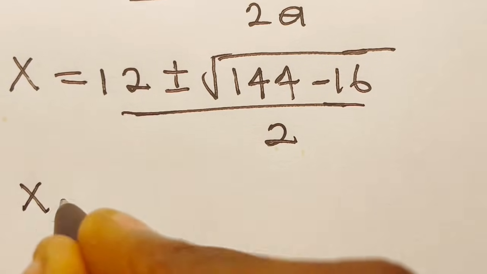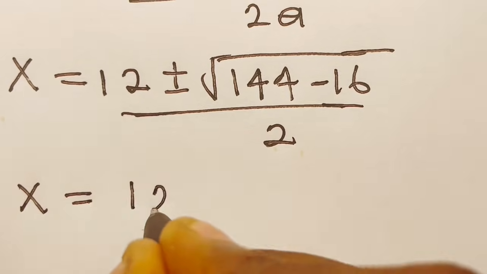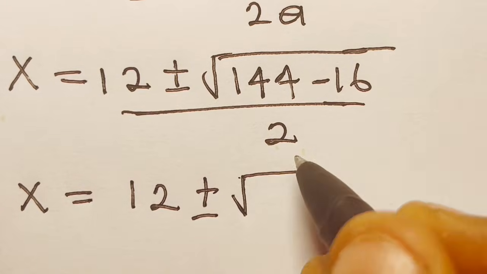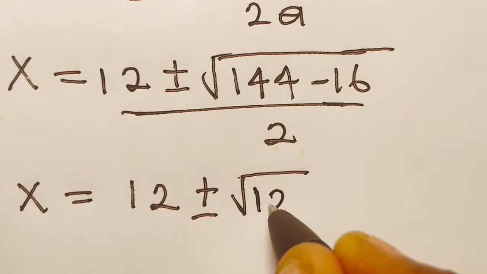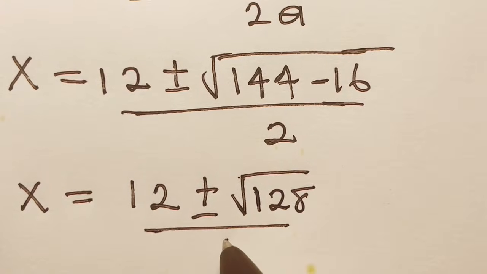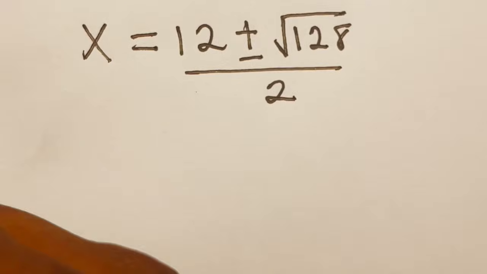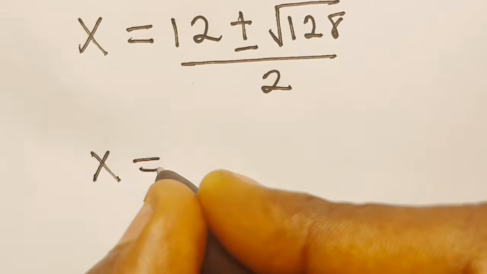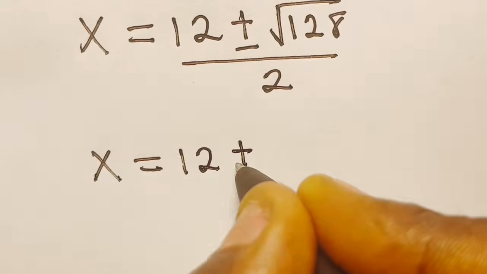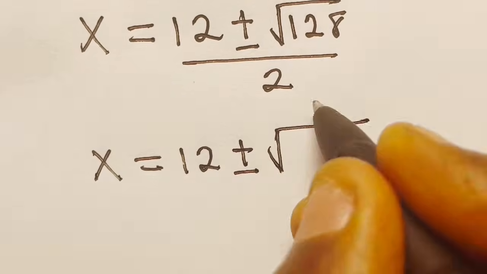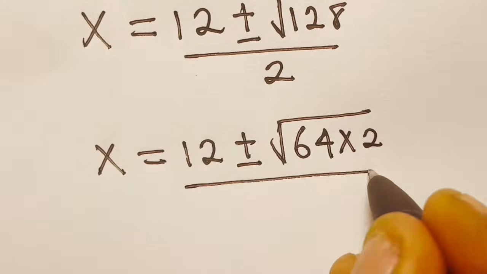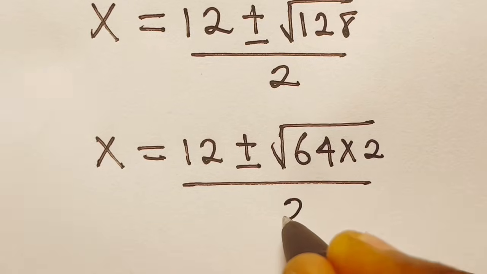So we have x equals 12 plus or minus square root of 144 minus 16, that is 128, divided by 2. So this becomes x equals 12 plus or minus, 128 can be expressed as 64 times 2, divided by 2.